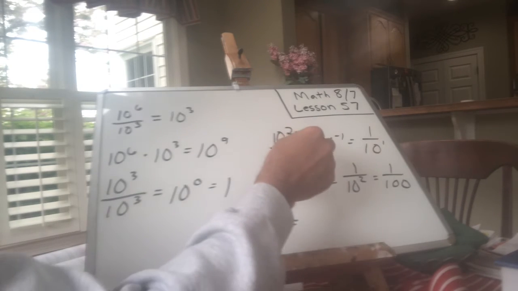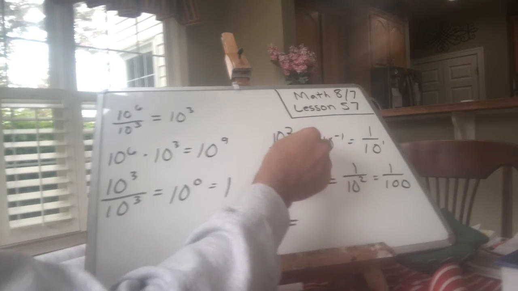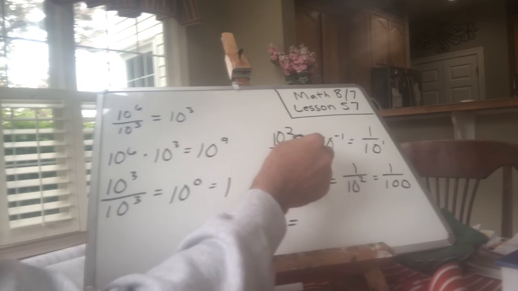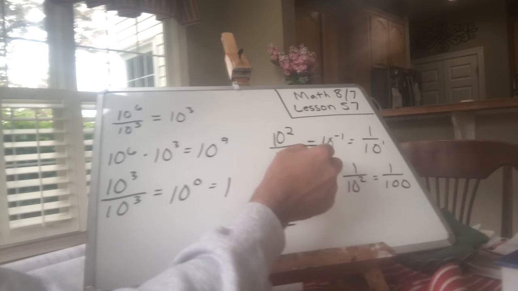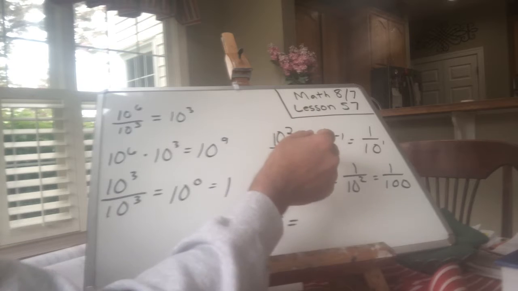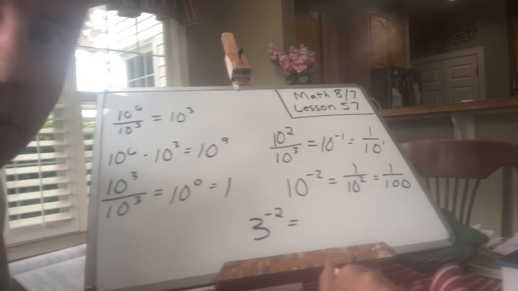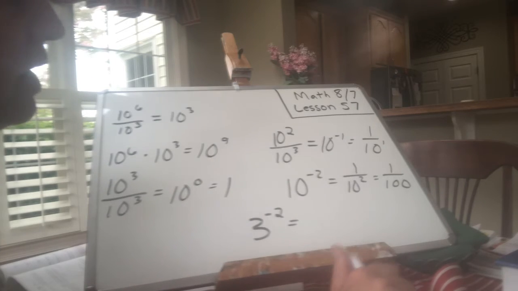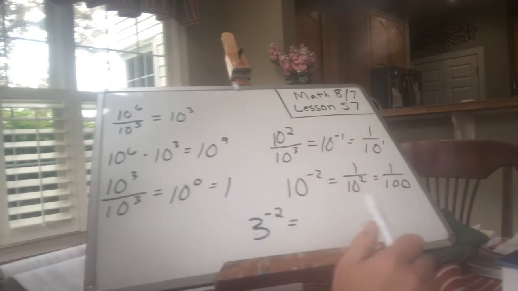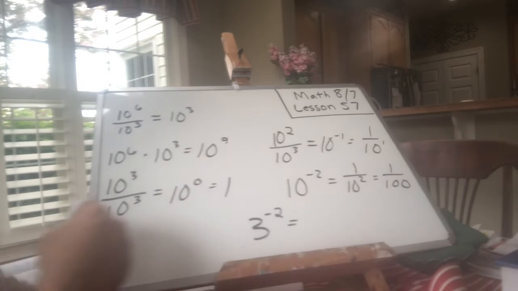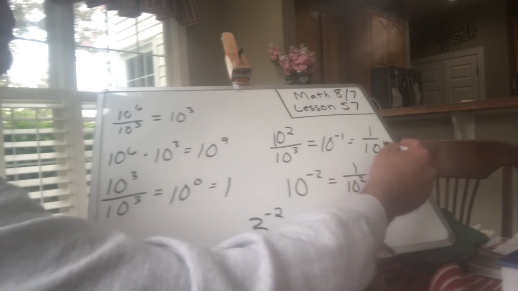So here we have 10 to the 2nd power divided by 10 to the 3rd power. It's 2 minus 3, which is going to equal negative 1. When we're getting into negative exponents, to get rid of the negative part of it, we would move it down to the denominator.